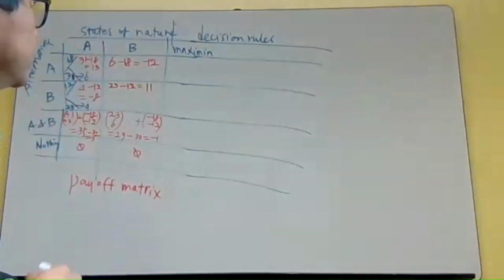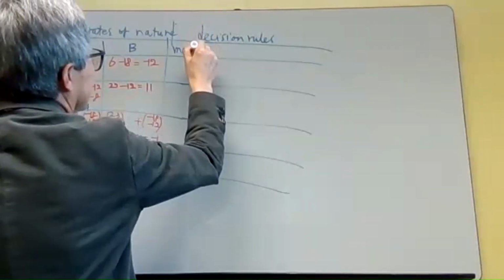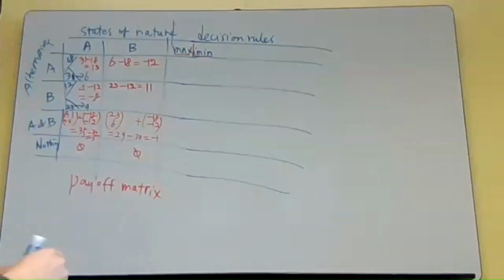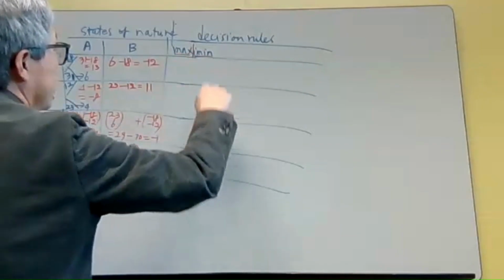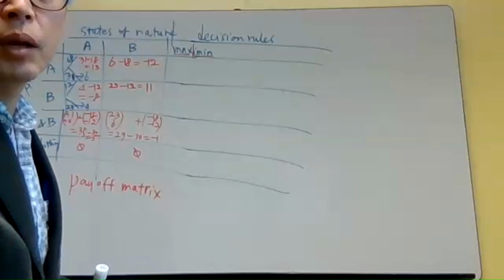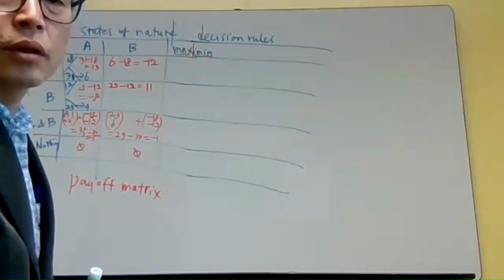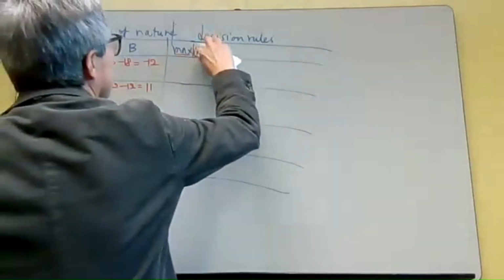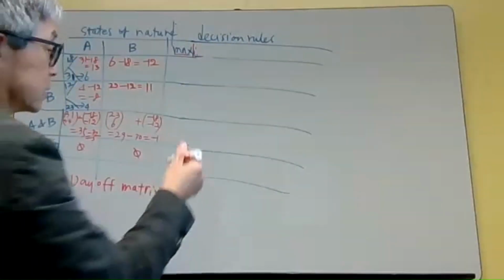So when it comes to maximax, you see two criteria, maximizing and maximizing. Sorry, this should be max. This is a max.